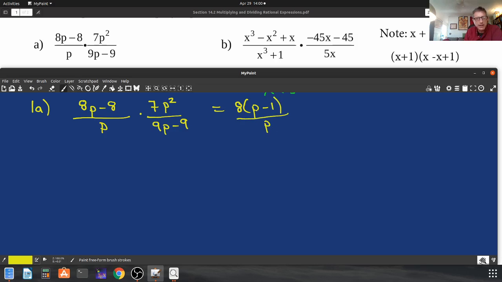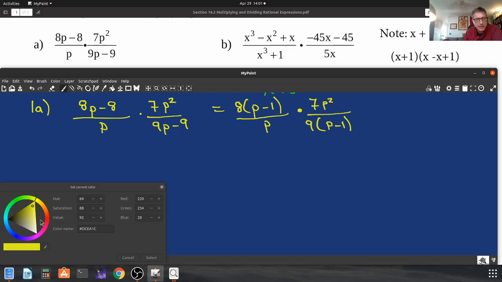I can't do anything with 8 and p because I don't know the value of p. This is multiplication. 7p squared, I can't do anything with it just yet. And 9p minus 9, the greatest common factor is 9. So when I pull out my 9, I get p minus 1.